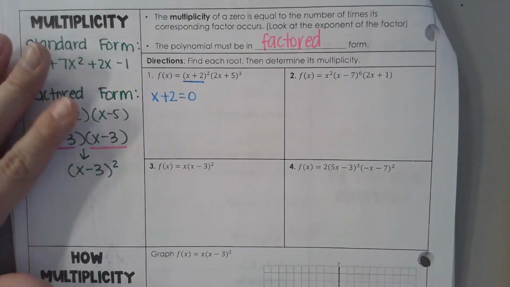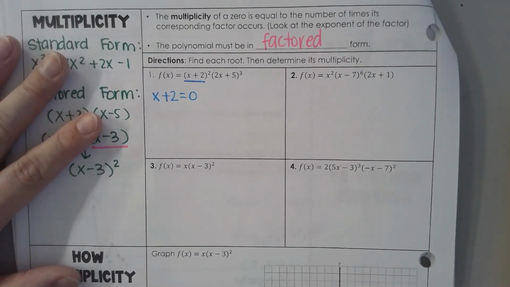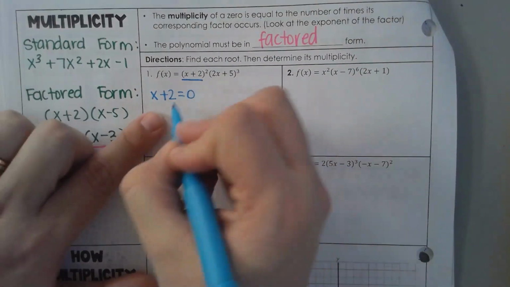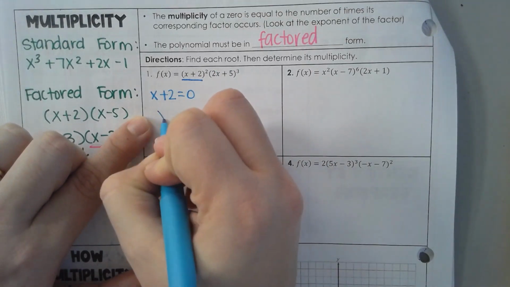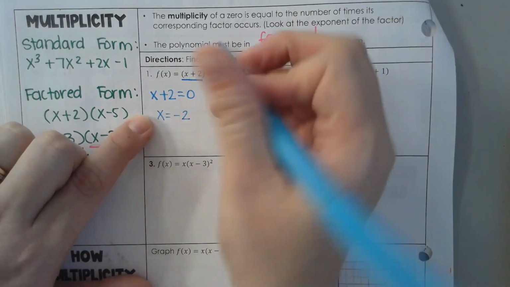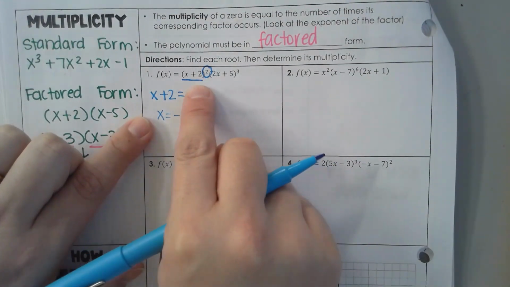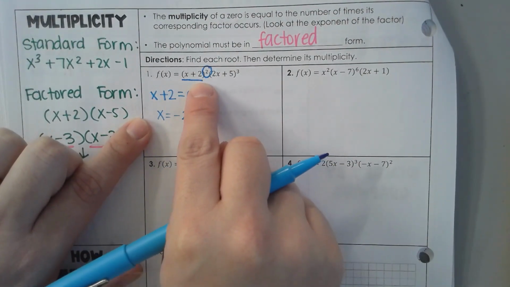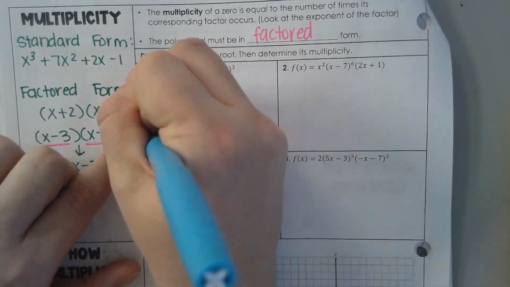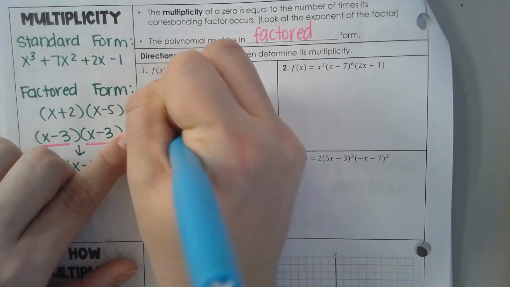And I'm going to solve that for x. So I would get x equals what? X equals negative 2. Now because there's a squared, that means that I really have this factor 2 times. So my multiplicity is 2.